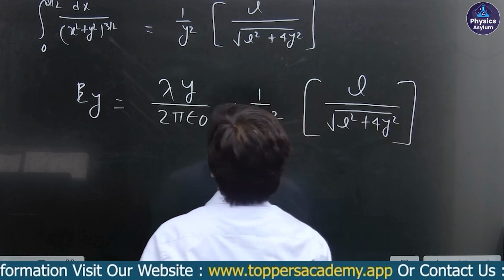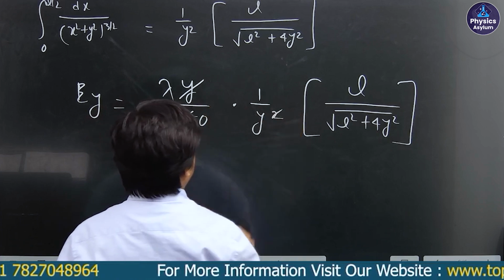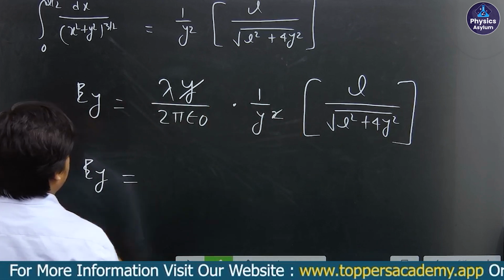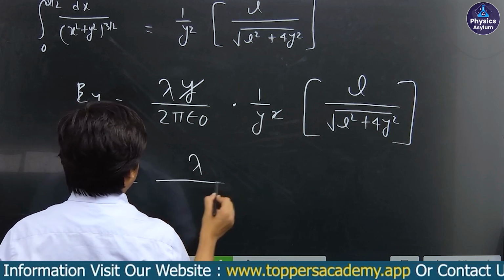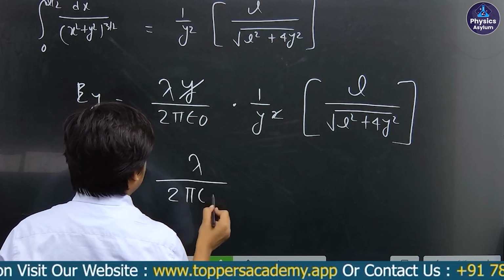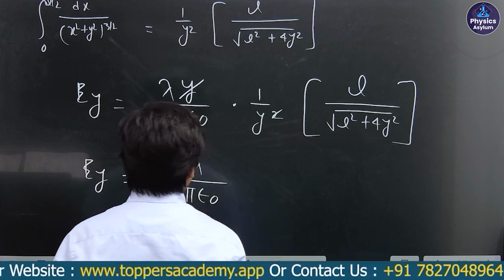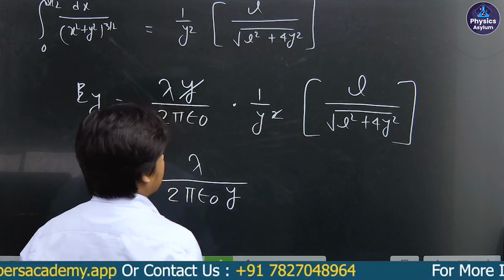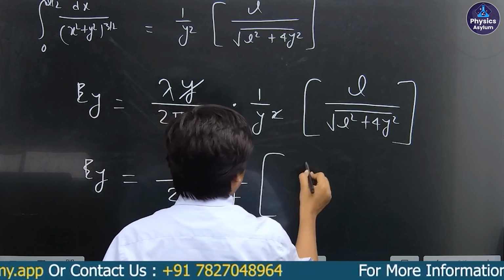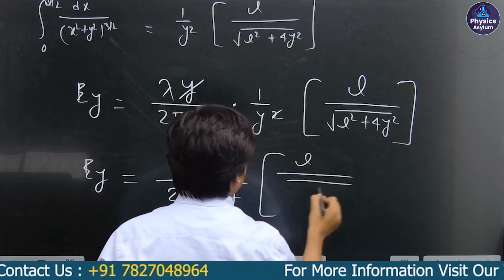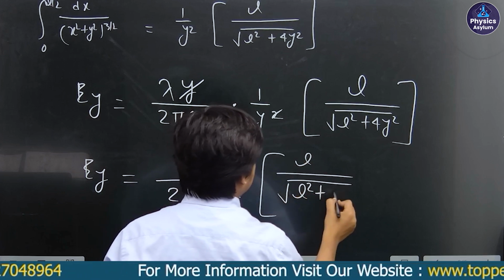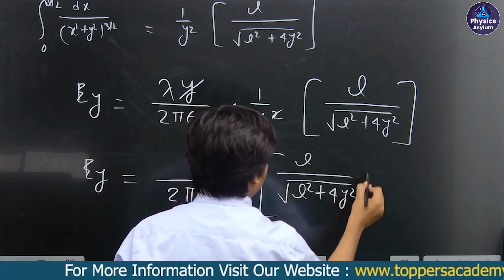Okay, one power is cancelled out in the denominator, so I will be left with Ey equal to lambda divided by 2 pi epsilon naught y, and in the bracket this quantity L divided by square root of L square plus 4y square.